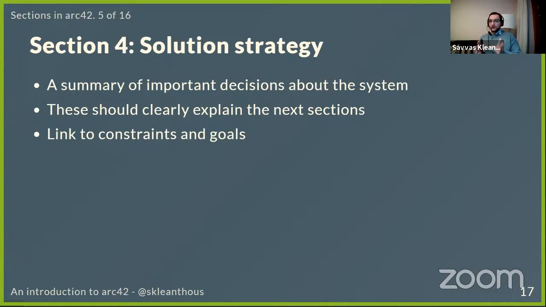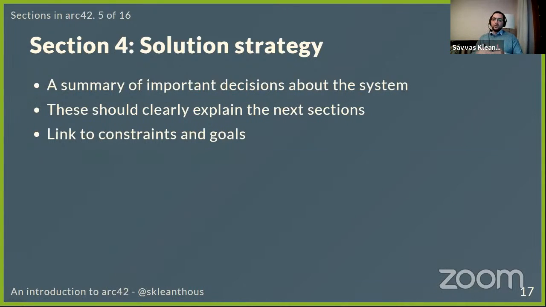The solution strategy is the first section where we are actually making and documenting the decisions that we are making. Previously, it was just analysis and perspective of how things are and how things are going to be working. And this is really how we see our particular product working. It is a summary of the important decisions of the system.